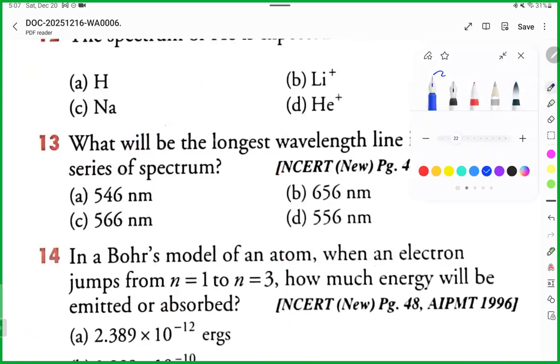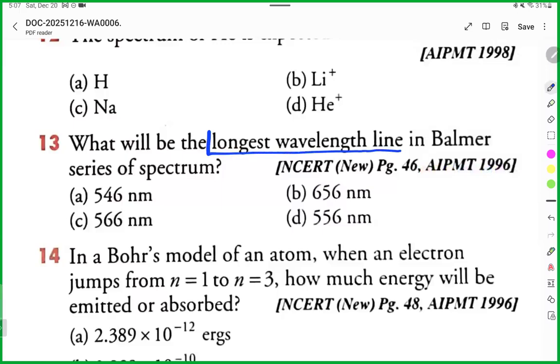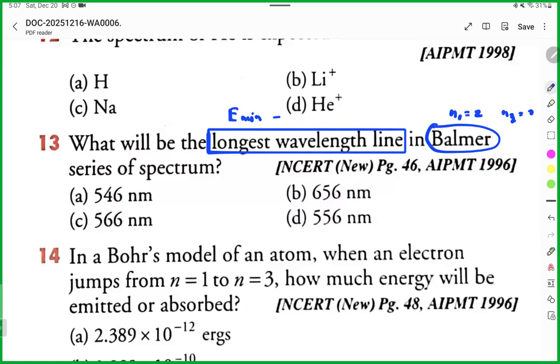Whenever you have the longest wavelength, it means there is maximum wavelength, minimum energy. And energy is minimum when you have minimum difference in the Balmer series. In the Balmer series, the lower value is 2 and the upper value will be 3. Correct?